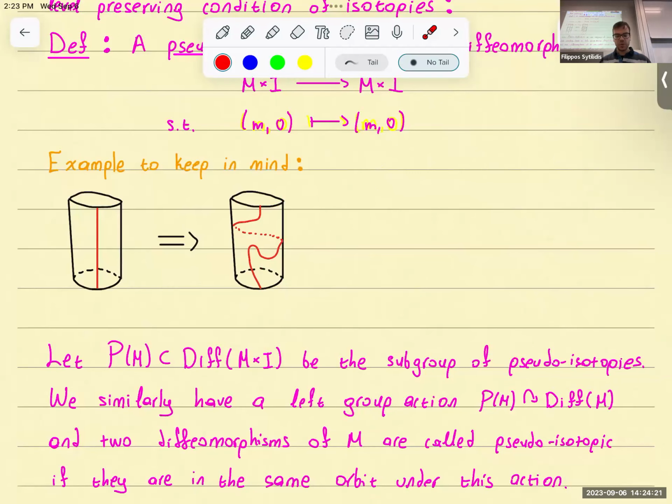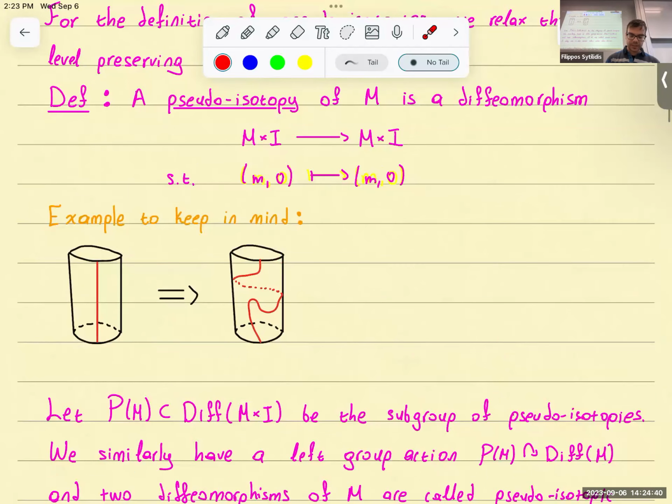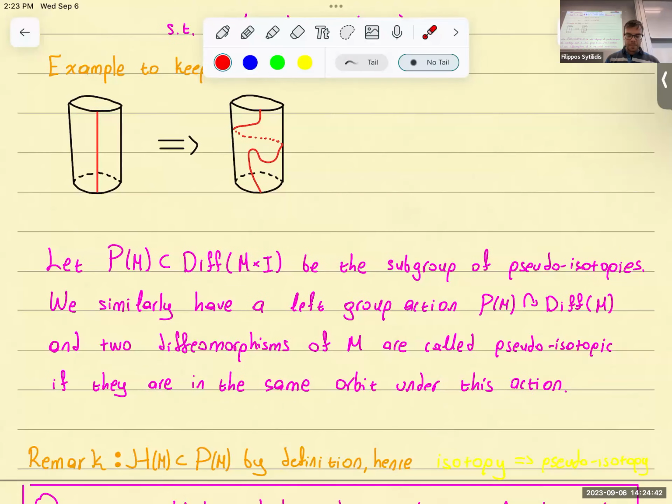This is a subgroup of the diffeomorphism group of M cross I. Again, we have the same left group action from the group of pseudo-isotopies to the diffeomorphism group, given by restricting to the top diffeomorphism that is defined by the pseudo-isotopy. And again, we have a definition of what it means for two diffeomorphisms to be pseudo-isotopic, which is that they are in the same orbit under this action.